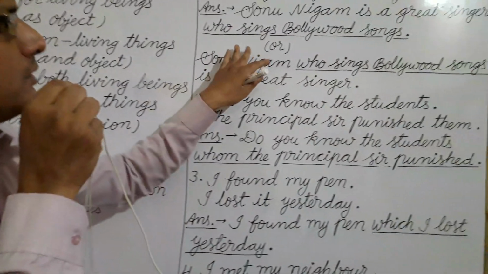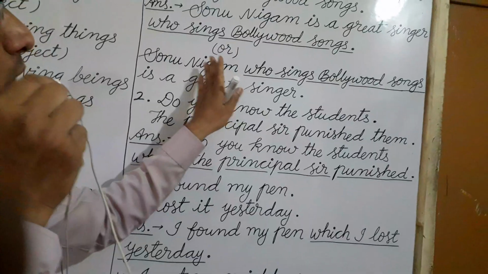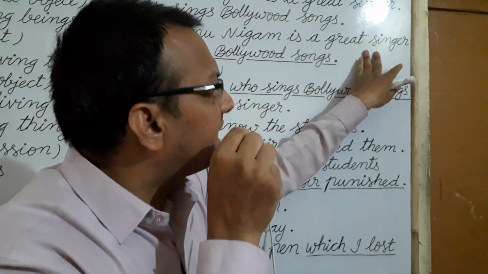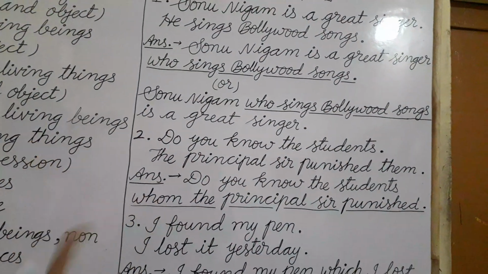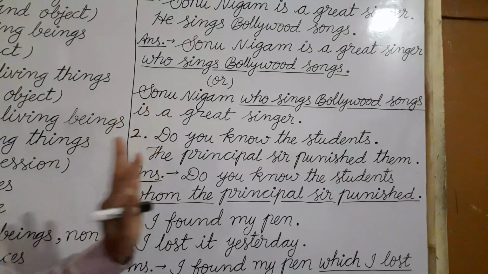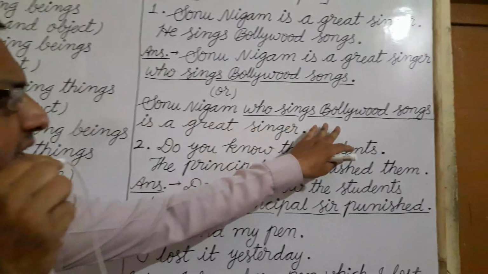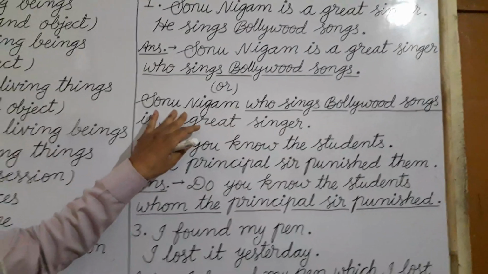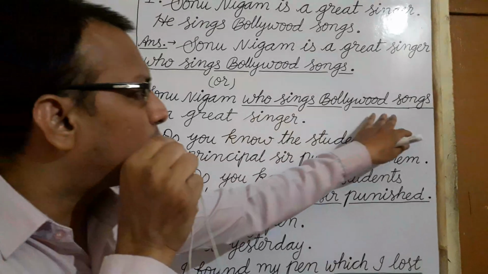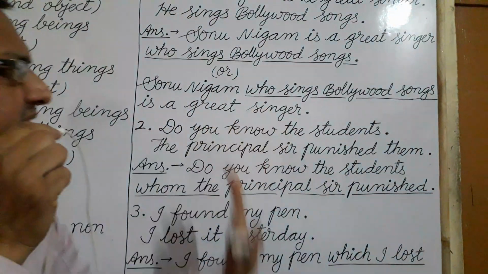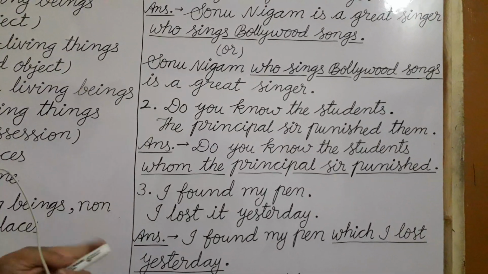So if the adjective clause qualifies Sonu Nigam, it also qualifies great singer, because both are the same person. So we can also put the adjective clause just after Sonu Nigam. The other answer is: Sonu Nigam, who sings Bollywood songs, is a great singer. Now look at example number 2.